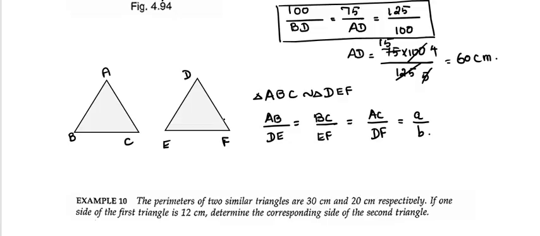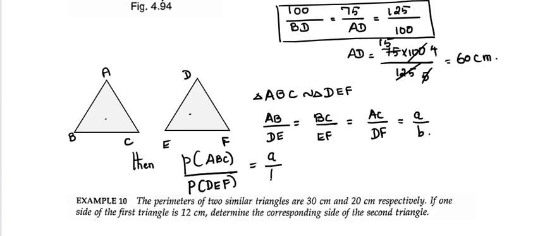Now, if they are similar and the sides are proportional, then the perimeter of triangle ABC divided by the perimeter of triangle DEF will also be a by b only. They will also be proportional only.